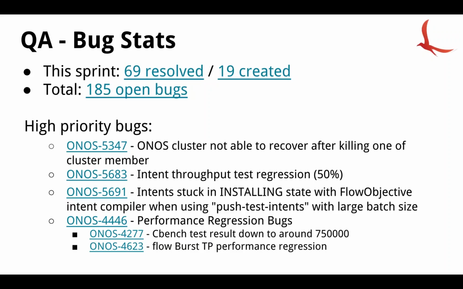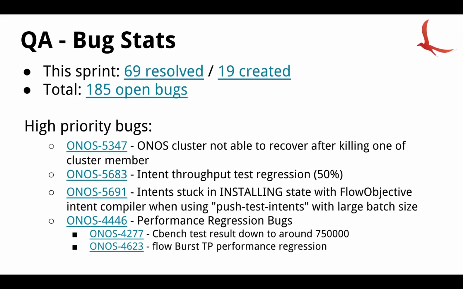The first two are new bugs we discovered this sprint. I think both of them are caused by the same change, the resubmit pending enhancement. That change is causing the intent throughput test to regress 50%.